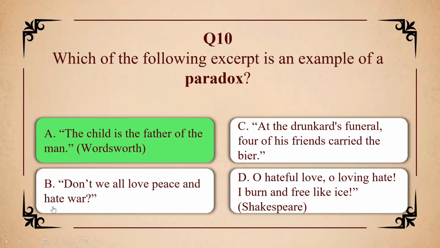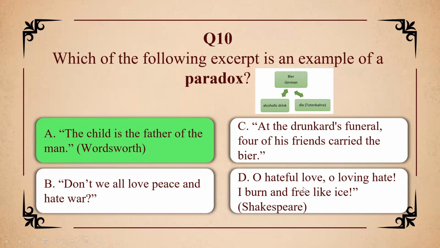The line in letter C is a pun, or a play on words that have the same or a similar sound but different meanings. In this case, the German beer either refers to a type of alcoholic drink called beer or to a bier, which means a stand for a dead body.